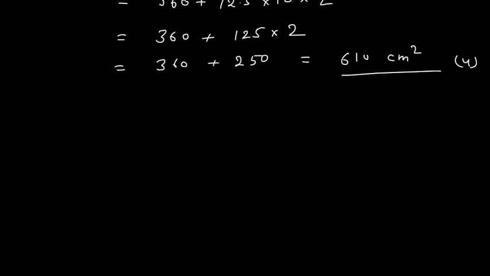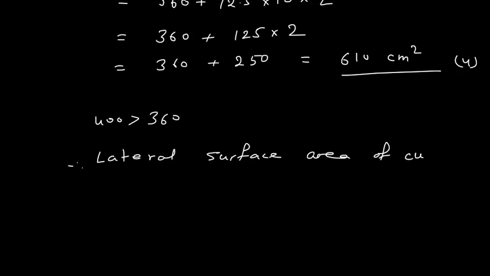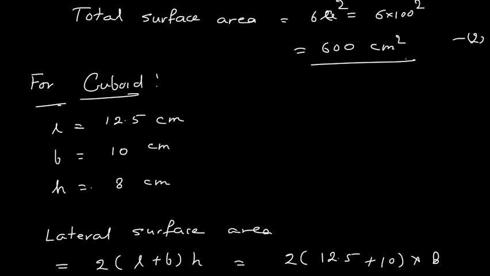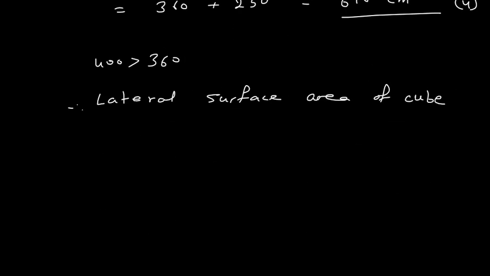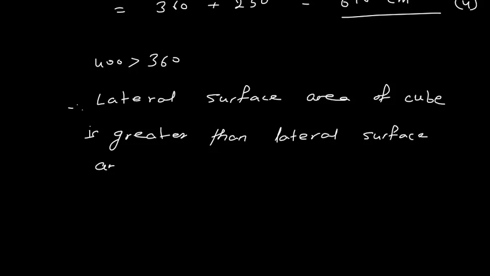So 400 is greater than 360, therefore I will say that lateral surface area of cube is greater than lateral surface area of cuboid by, now 400 minus 360 is what, by 40 centimeter square.